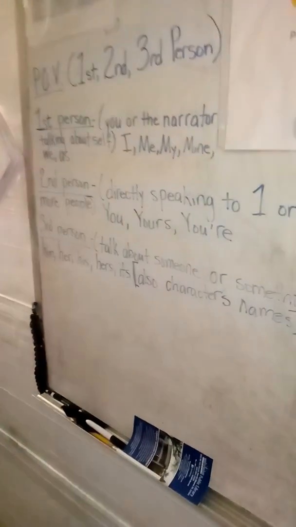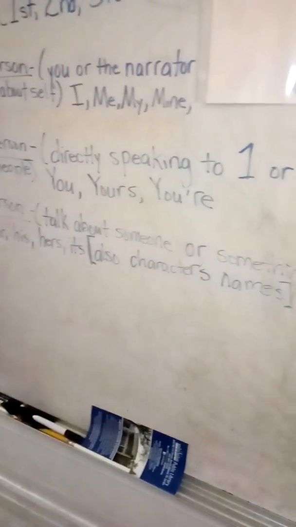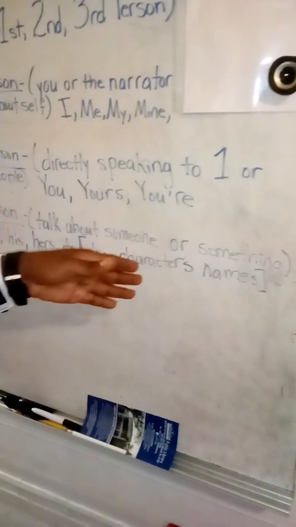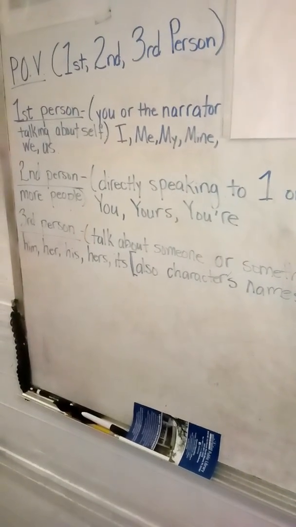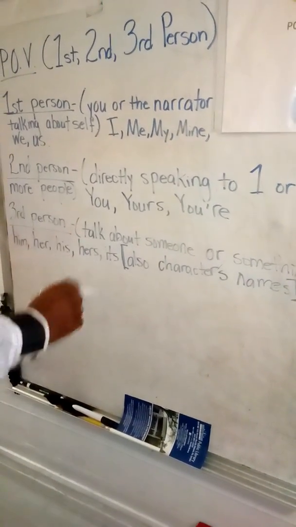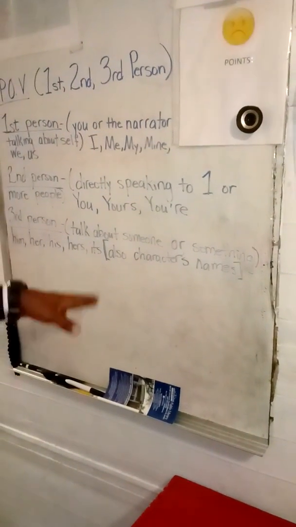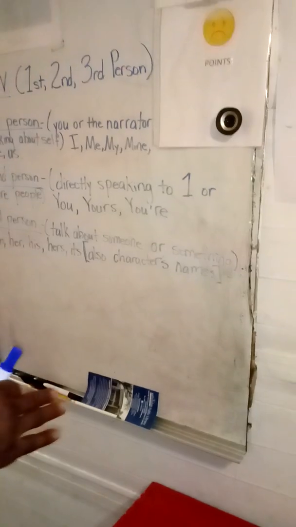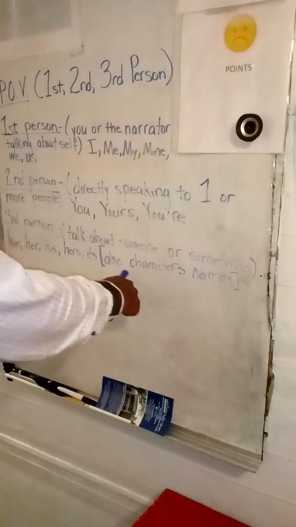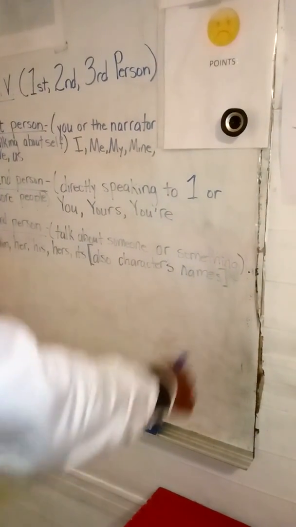Okay? Let's move down here to third person. Third person is when the author is talking about someone or something. And the key words are him, her, his, he's, it. Or I should say, if the author is mentioning the characters' names.